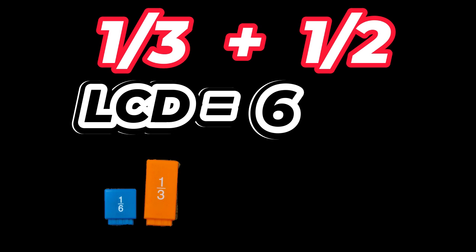Let's look at the 1/3 and use one of my favorite tools called fraction cubes. And because we found the LCD to be a 6, we're going to use 1/6 and try to make it look like 1/3. So here's 1/6.